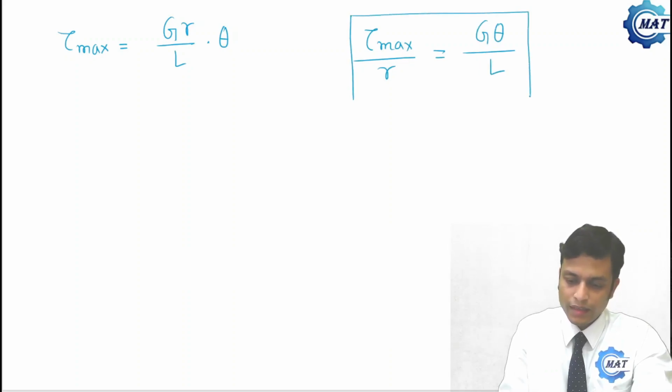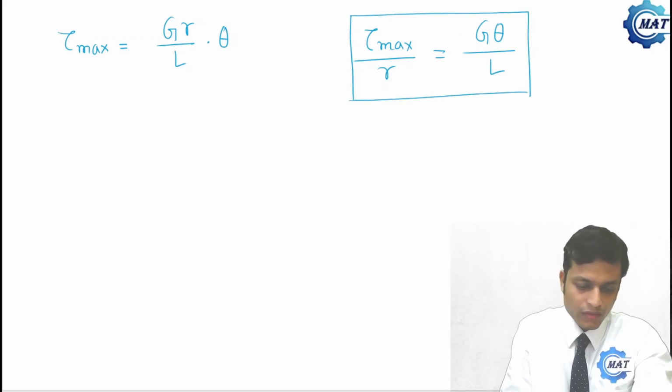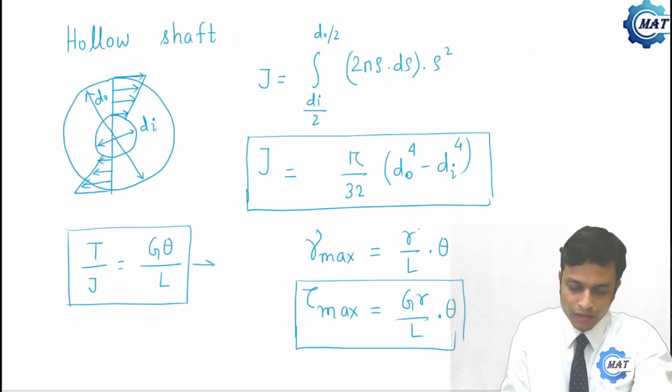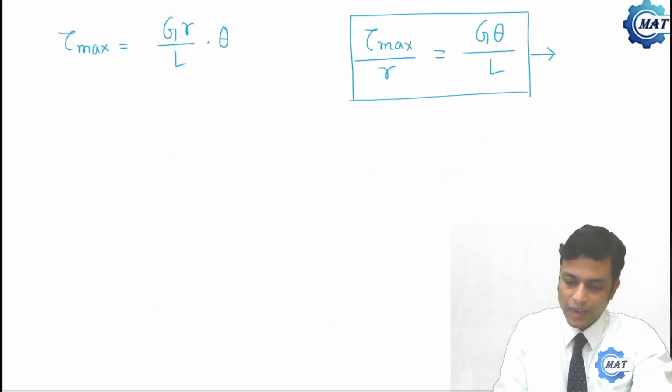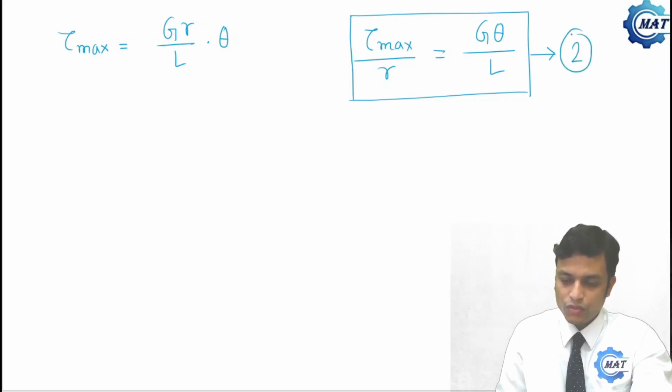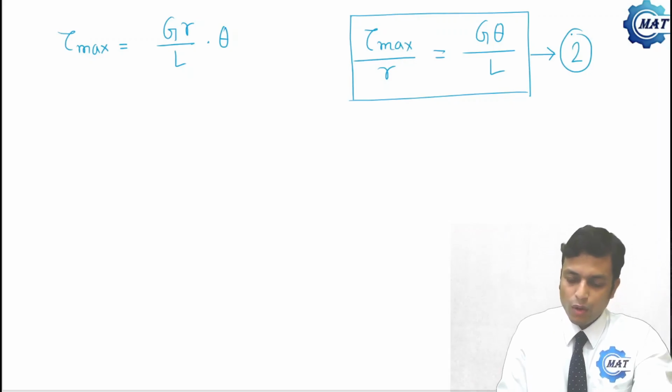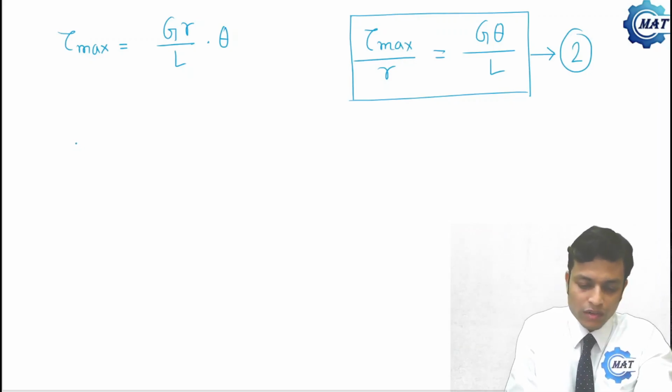Now let us put numbers. This is equation number 1, T by J is G theta by L, and here also tau max by R is G theta by L. So this is equation 2. Now combining equations 1 and 2, what will we get?